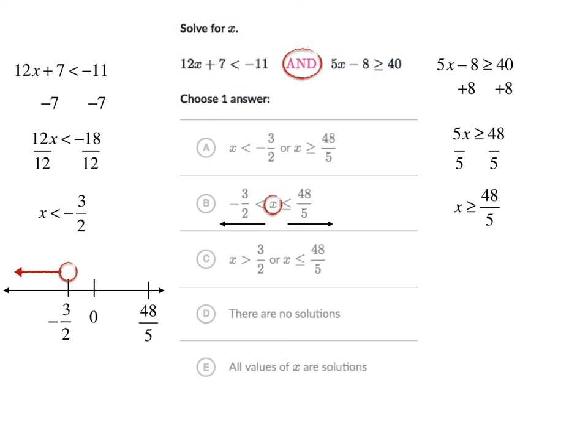I have a colored-in circle and numbers to the right. Remember we said that when the word is "and" in between the two inequalities, both things must be true. You cannot have a solution where a number is both less than -3/2 and greater than or equal to 48/5 at the same time. Therefore, there are no solutions to this compound inequality.